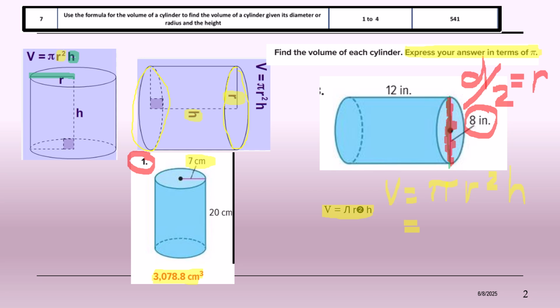Very quickly, pi, r is now 4 squared and height is 12. When you finally calculate, it will be pi times 16 times 12, and your answer will be left in pi. So 16 times 12 will give you the answer.